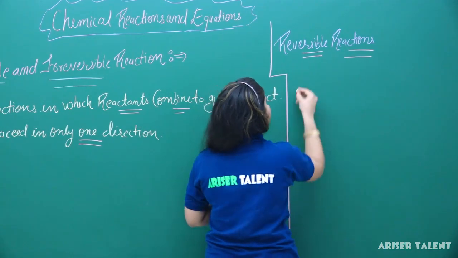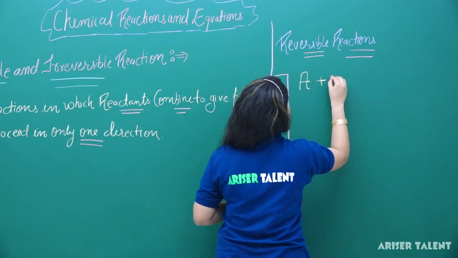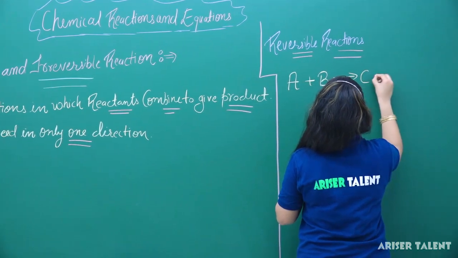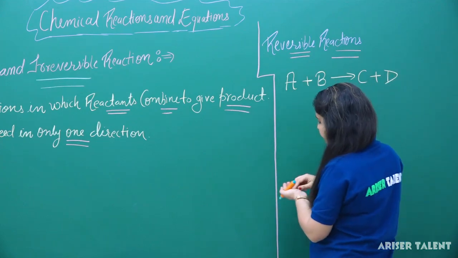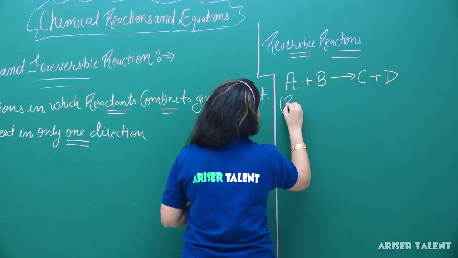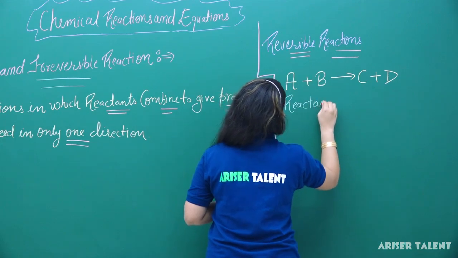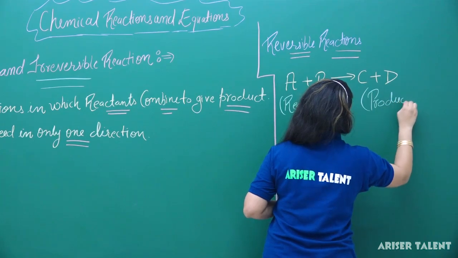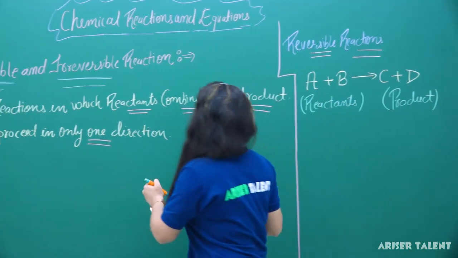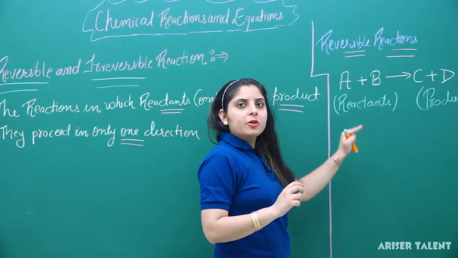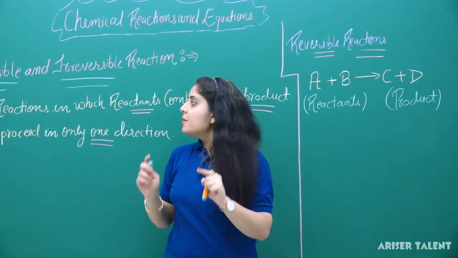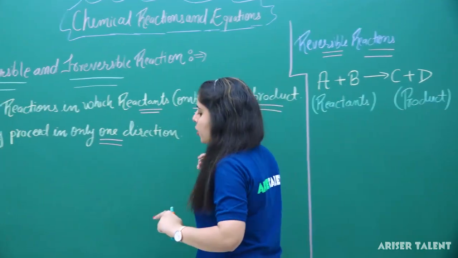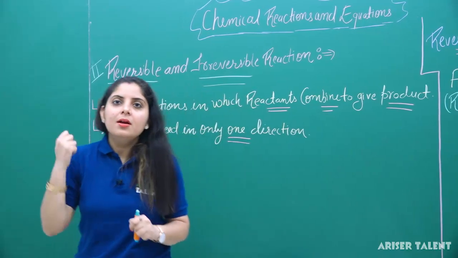Suppose we have two reactants, A plus B, and A plus B react with each other to give the products C and D. This is the reactant side and this is the product side. In this type of reaction, reactants react to give products, and irreversible reactions are indicated by a single arrow because the products will not again form the reactants.